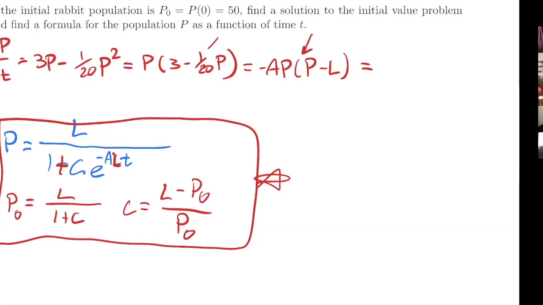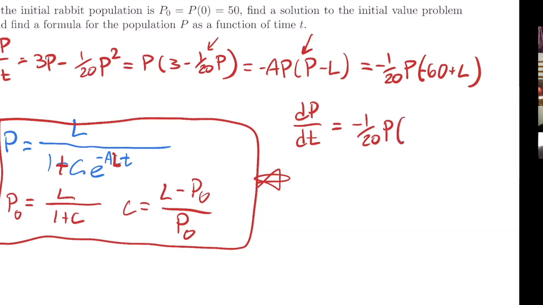If I have a coefficient of minus 1/20th, then I want to factor that minus 1/20th out. When I do that, that 3 becomes minus 60 when I pull out minus 1/20, and that makes the coefficient in front of the L equal to 1. Whoops, that's a P over here.